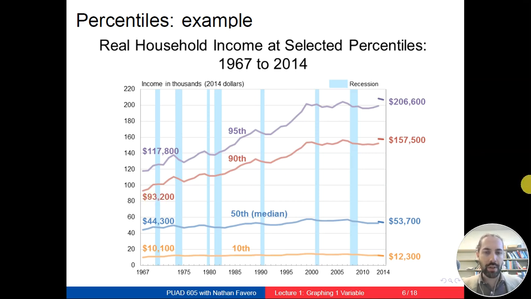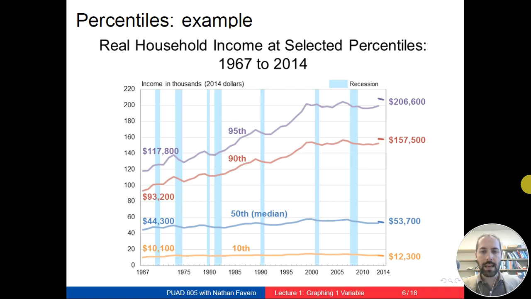How has that changed over time? Well, by 2014, the top 10% are earning at least $157.5 thousand a year. So you can see that income has really risen pretty dramatically for those top earners. The 95th percentile, we see something kind of similar, right?